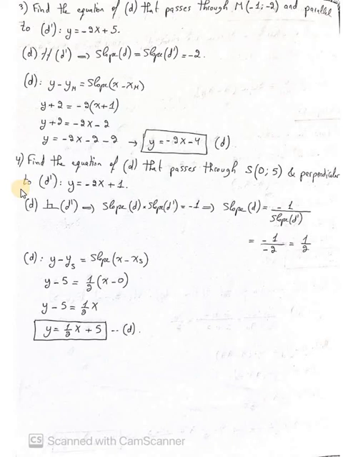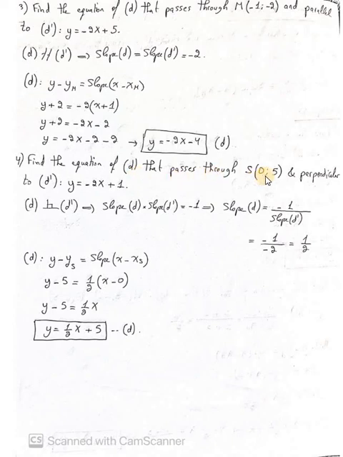Now, last example, find the equation of the line D that passes through the point S, 0, 5 and perpendicular to D prime of equation y equals minus 2x plus 1. Now, I have a point. Again, remember whenever you have to find an equation of a straight line, you must have a point on that straight line and you must have its slope.